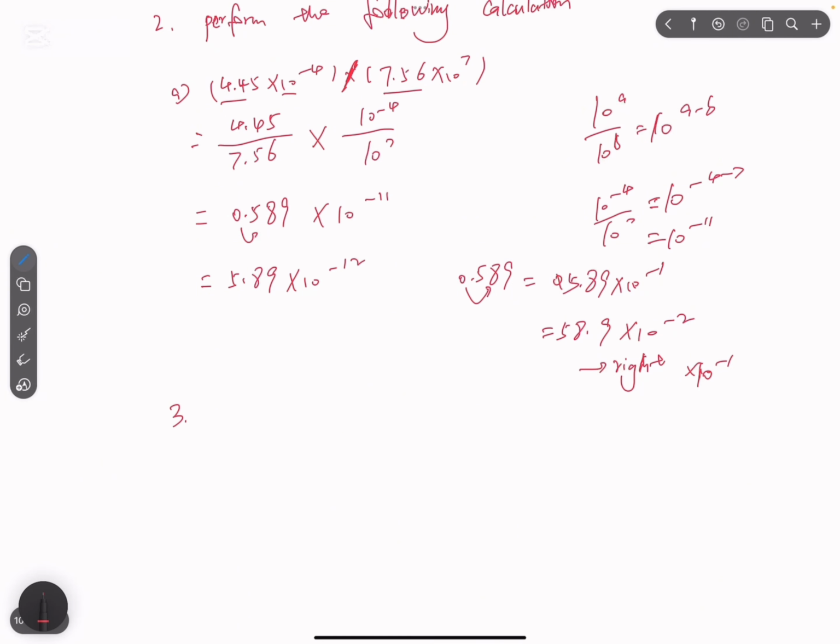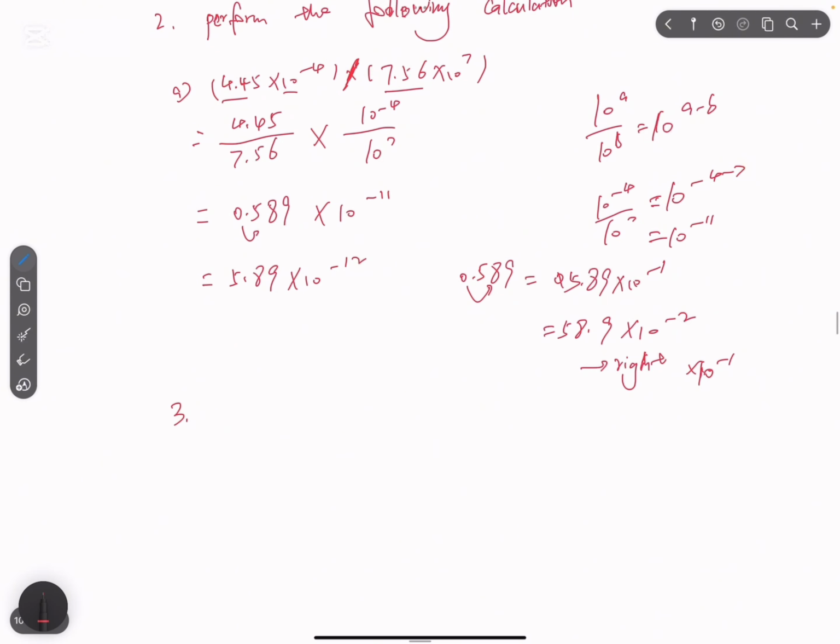The third one, we need to express the number in engineer notation. So A is, let's say we have a number 4874256 and we want to write it in engineer notation.